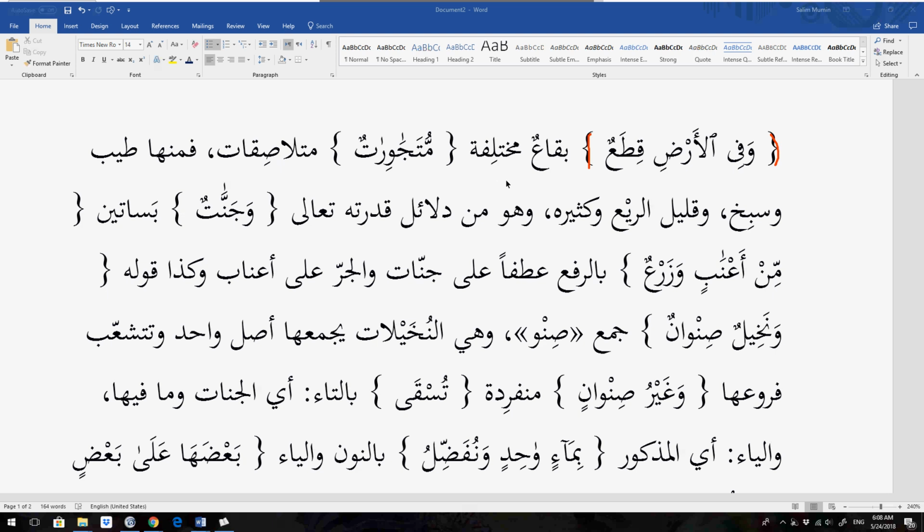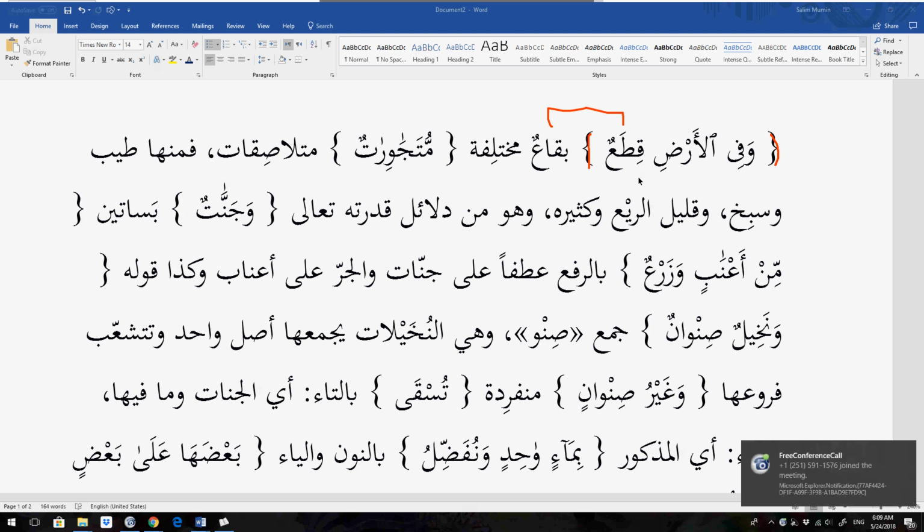So he says, Bika'un mukhtalifatun. Bika'un are patches. So he's defining Kita'un with Bika'un. If you didn't understand Kita'un in Arabic, another Arabic word is Bika'un.